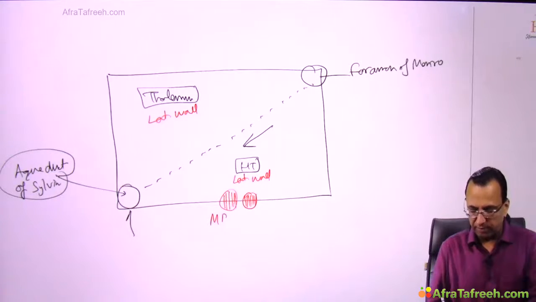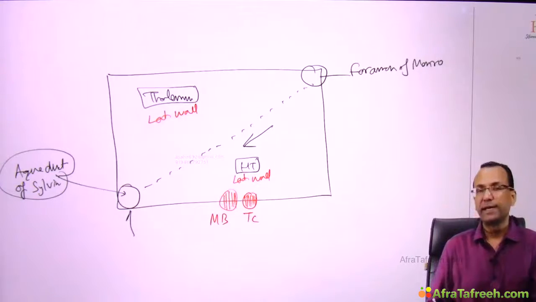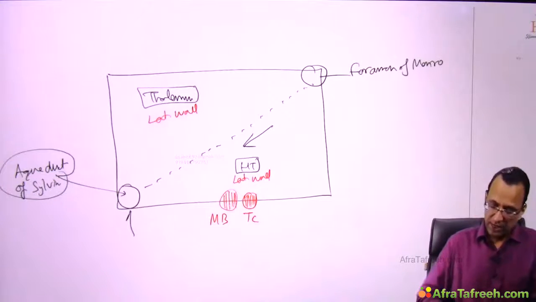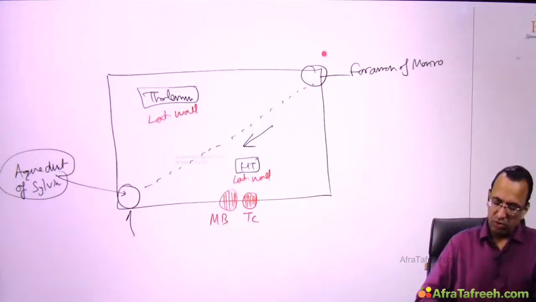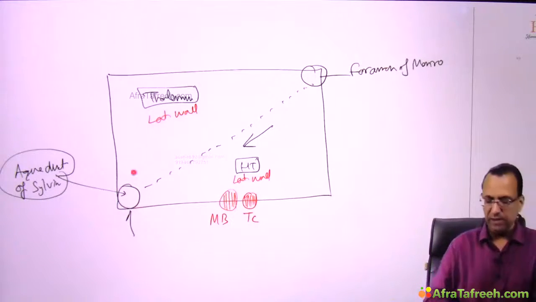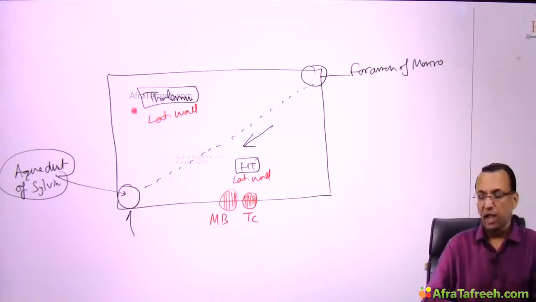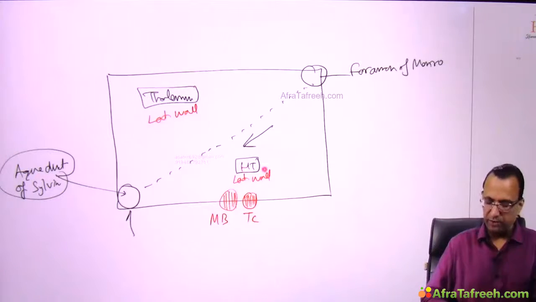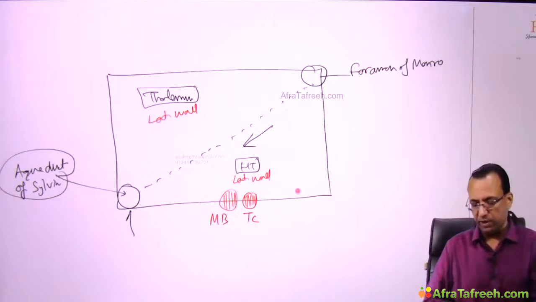This is the mammillary body and that is the tuber cinereum, part of the hypothalamus. From the foramen of Monro the CSF goes down towards the aqueduct of Sylvius; above that is thalamus, lateral wall, and below that is hypothalamus, lateral wall. But hypothalamus is also floor, contributing to the tuber cinereum and mammillary body.